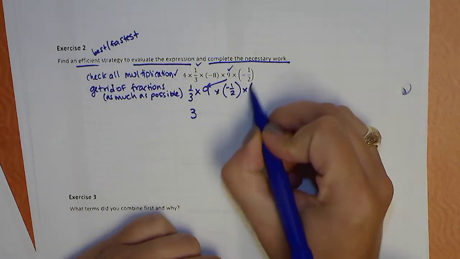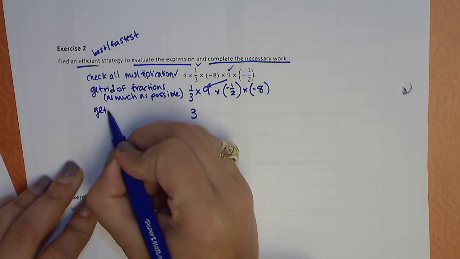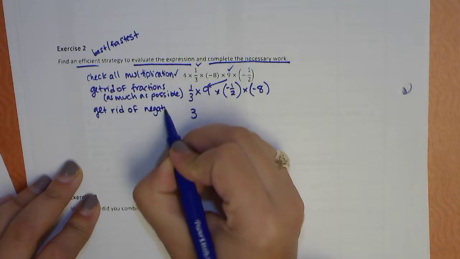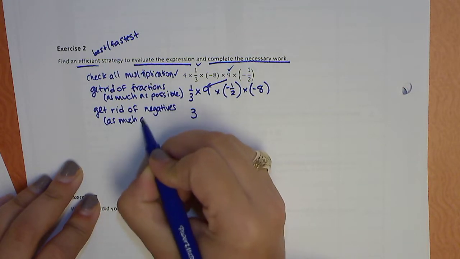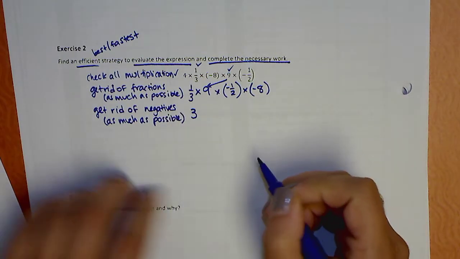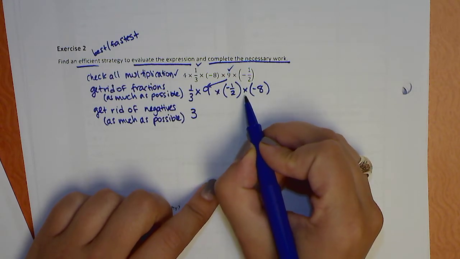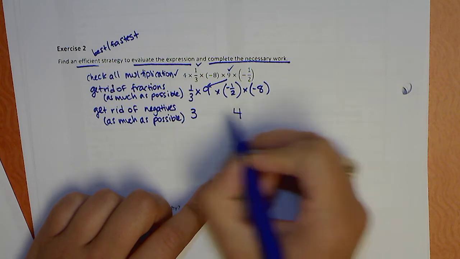I'm actually going to multiply times -8 because that also gets rid of negatives. Because -1/2 times -8 is +4.